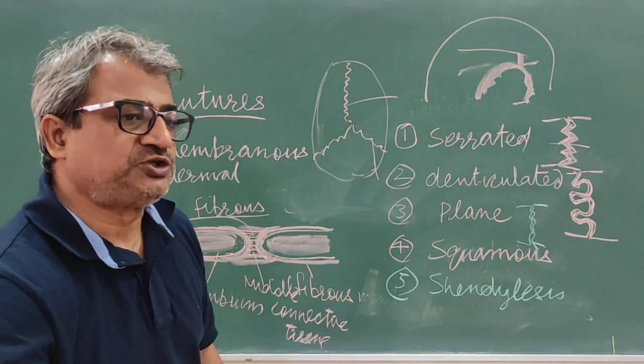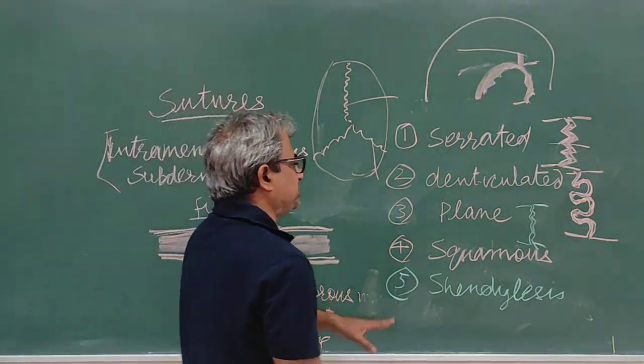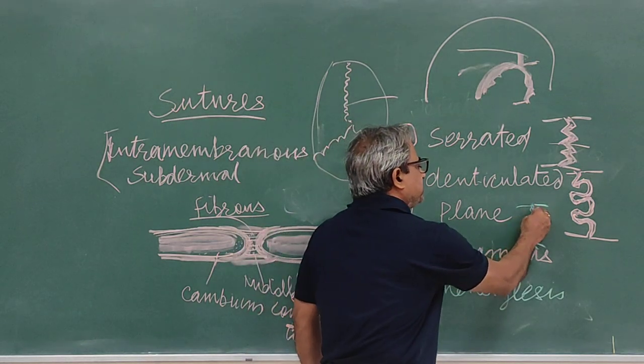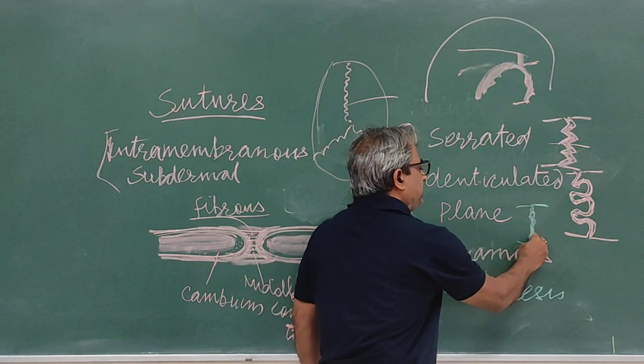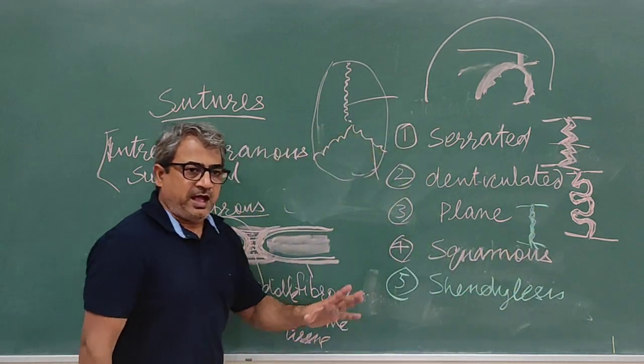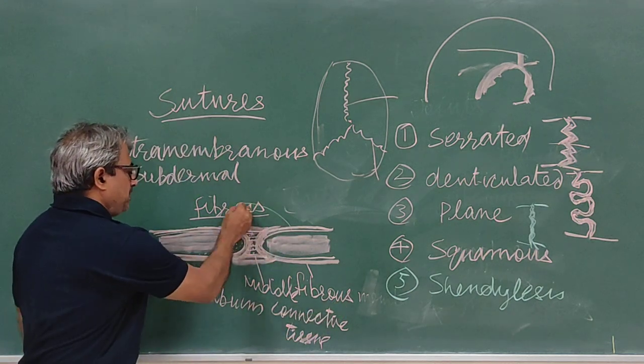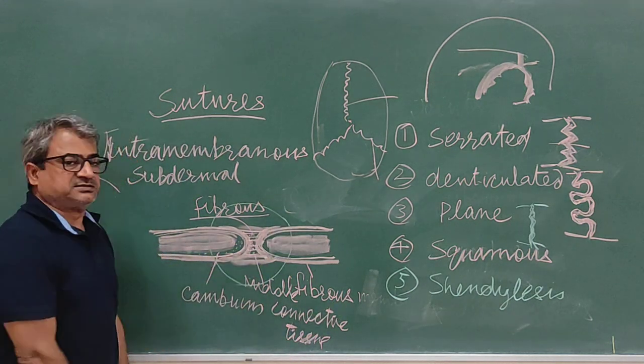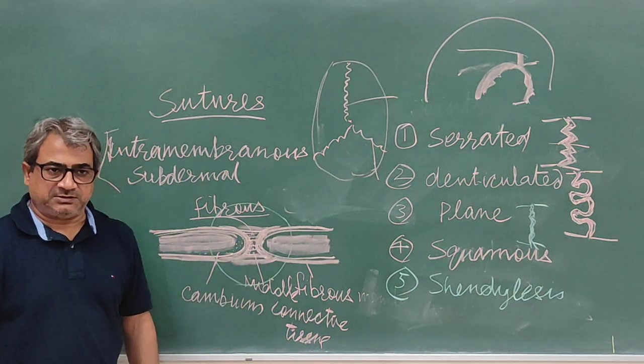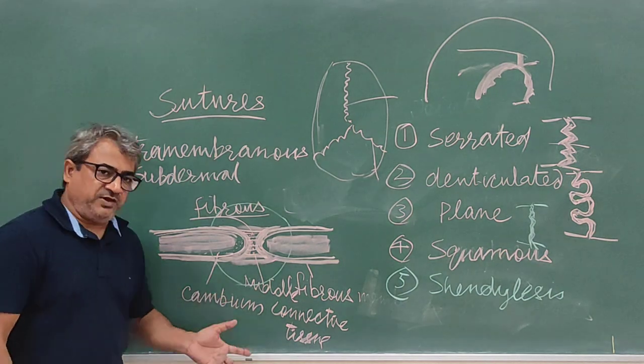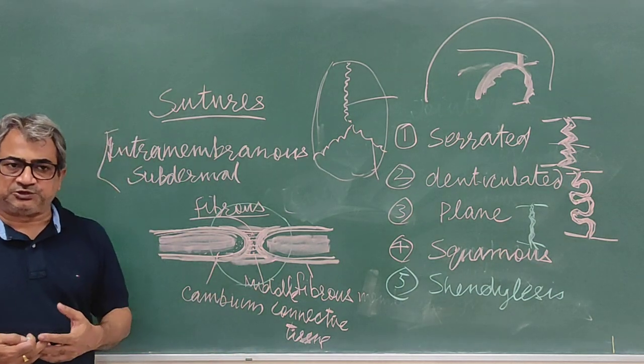So these are all sutures. Sutures mean the opposite surfaces are separated by fibrous tissue. And what is the pattern of the junction? Same way, initially the fibrous tissue is present.